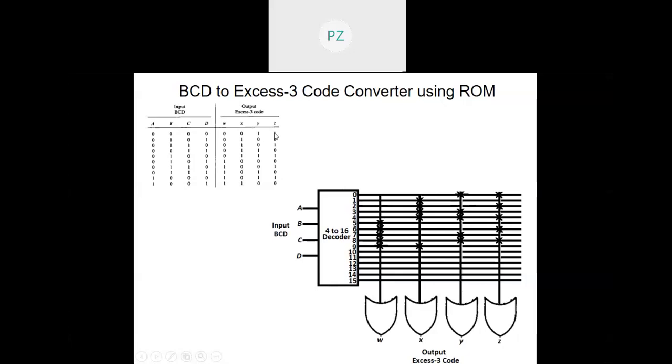Let us consider Z first. Z has M0, M2, M4, M6, M8, right?